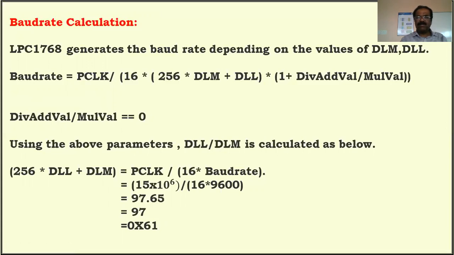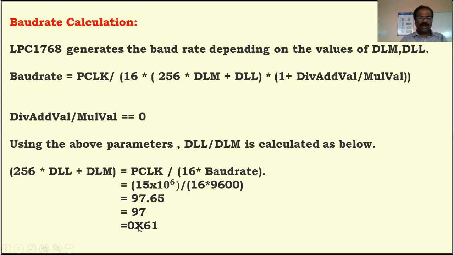Baud rate means bits per second. How many bits can we transmit per second? Now we can transmit 9600 bits per second. Here I assume a peripheral clock equal to 15 megahertz. I'm calculating for that particular frequency, 15 megahertz divided by this. If you simplify, you will get 97. I'm not rounding off to the higher value, let it be 97. Then the hexadecimal equivalent of this is 61.